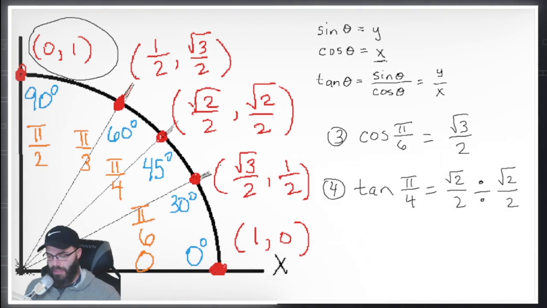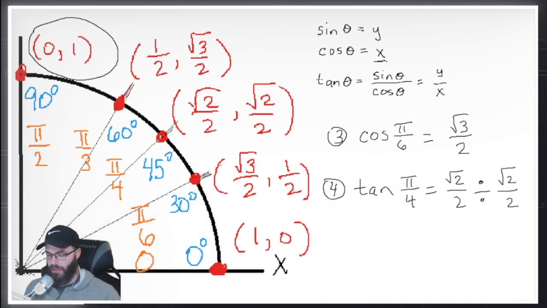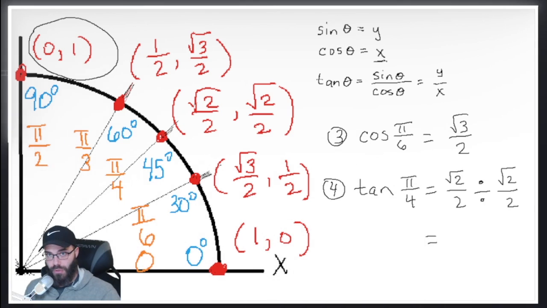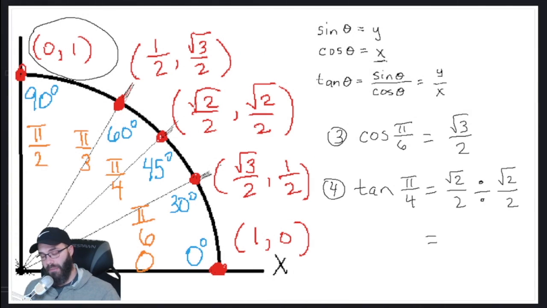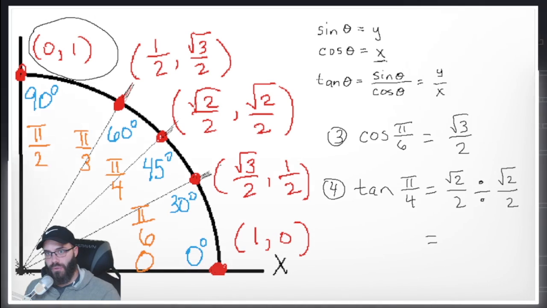But reducing these is not always going to be so nice and neat. So I definitely want to talk about dividing fractions. Whenever you divide fractions, which this is, root 2 over 2 is a fraction, divided by root 2 over 2, you can change this to a multiplication problem by multiplying by the reciprocal of the second one.